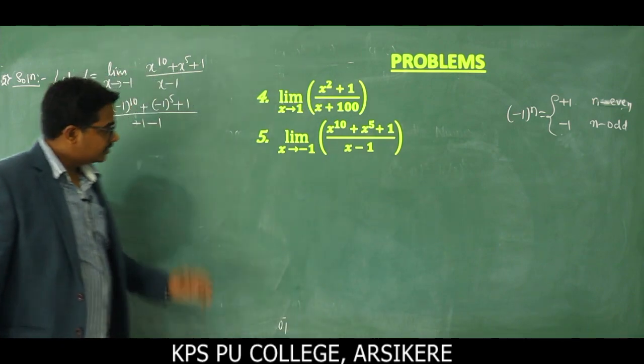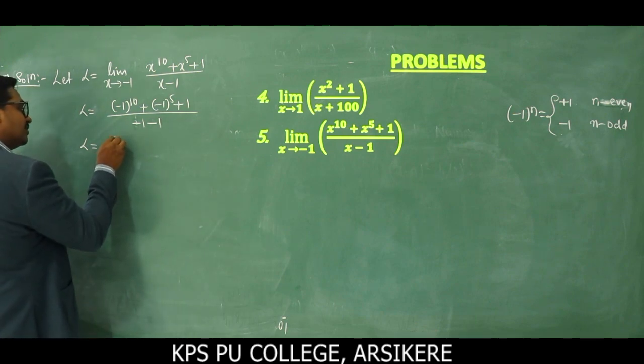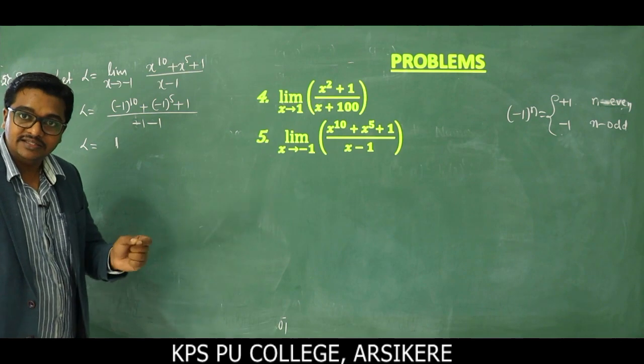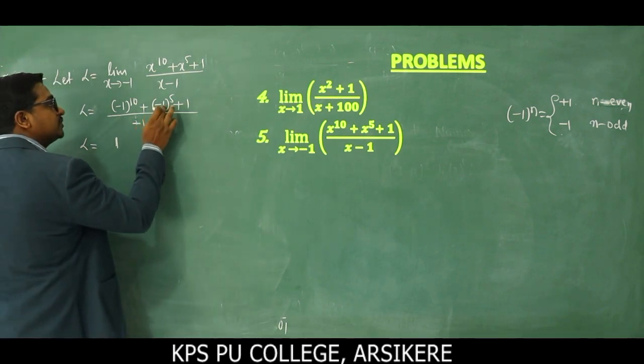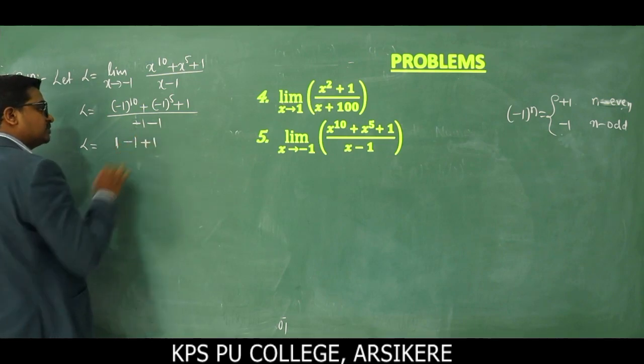This is clear? So minus 1 whole power 10 means we get 1, already discussed. Minus 1 whole power 10 is even. But minus 1 whole power 5 is odd, that's why that becomes minus 1, and plus 1 as it is.